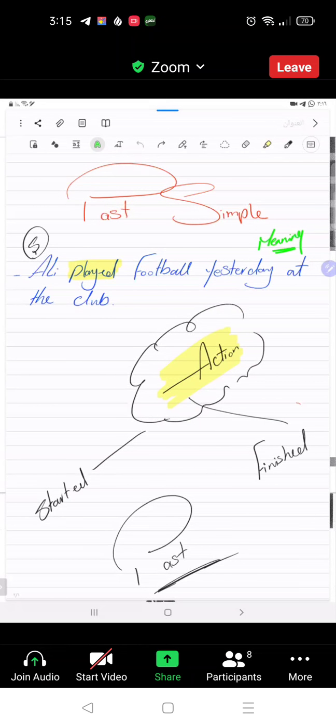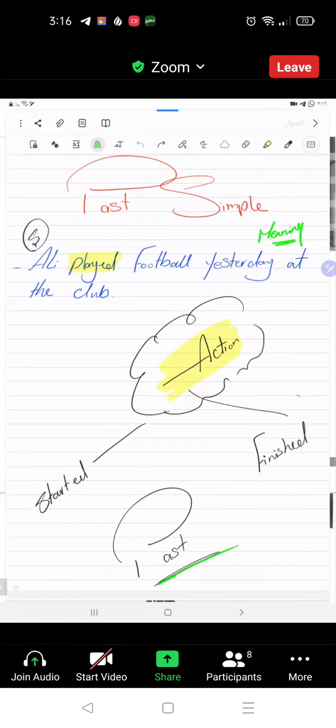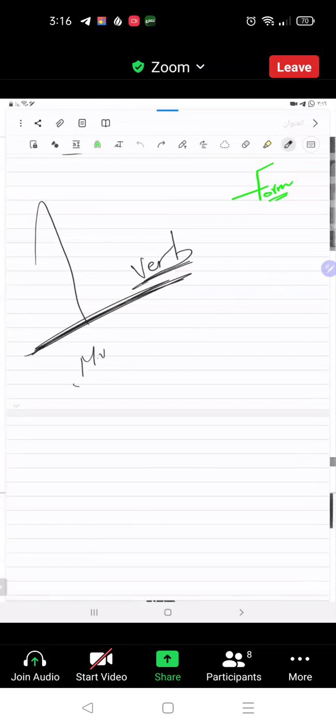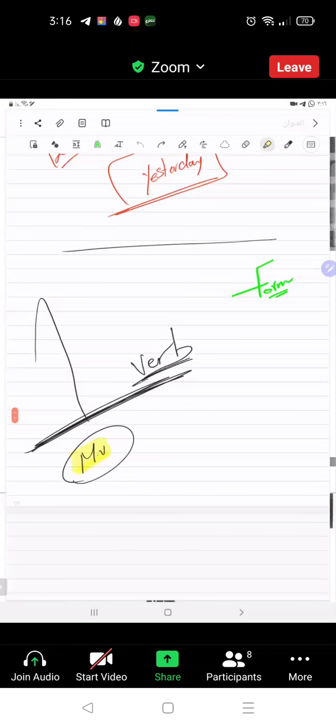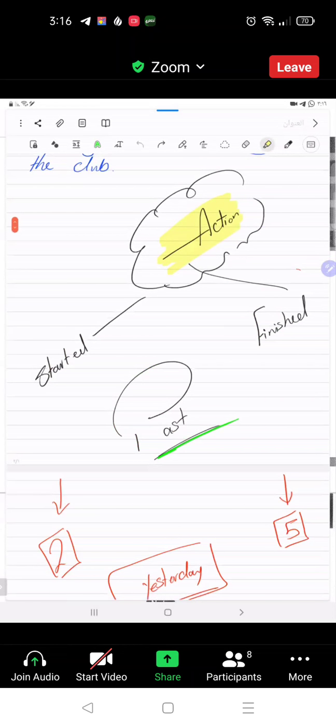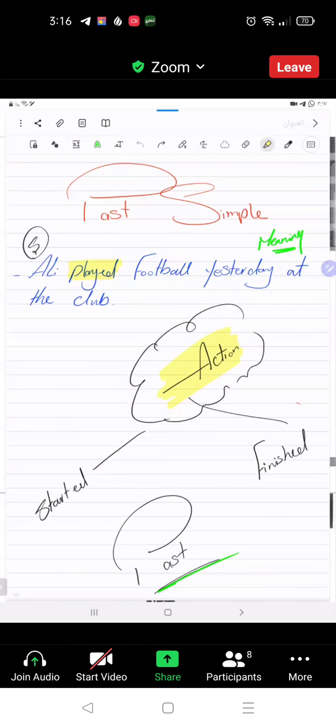Let me ask you another question. If we have only one verb in our sentence, could we call it main verb or helping verb? Main verb, excellent. Teacher, can I say something? Yes, you could. If a sentence has more than one verb, what is it called? It may be am playing, this is present continuous.